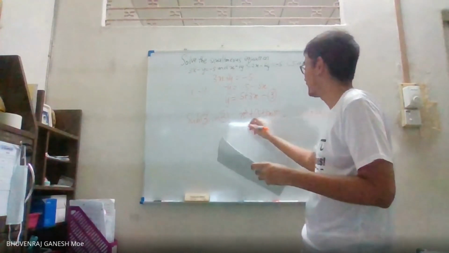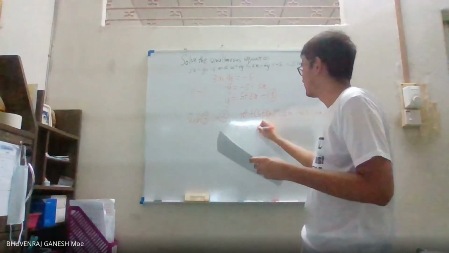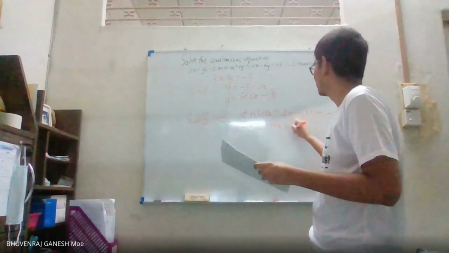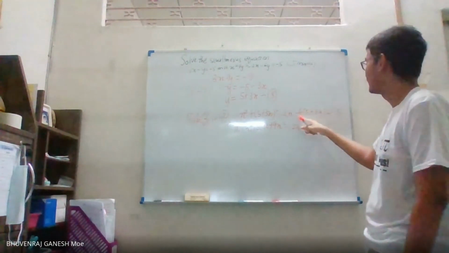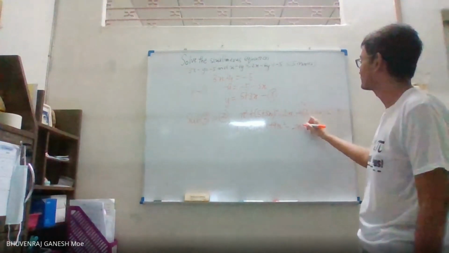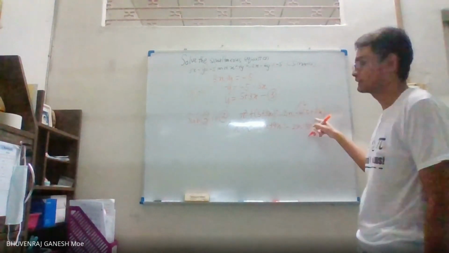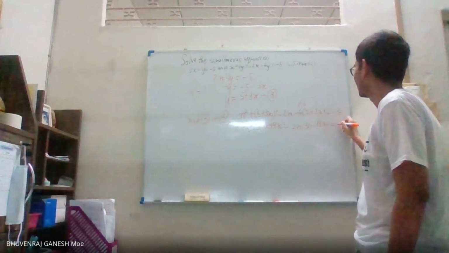I'll expand directly this one. 25 plus 30x plus 9x squared minus 2x. This one be careful. So the second part of the expansion, minus 6 times 5 is minus 30. And then minus 6 times 3x, you will get minus 18x, equals -5.